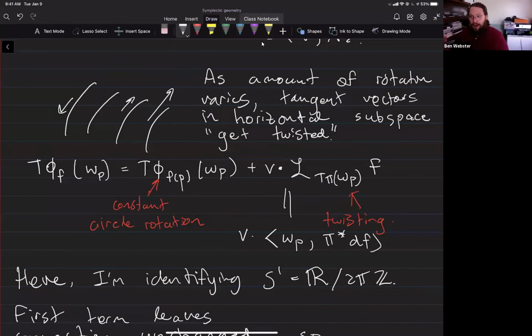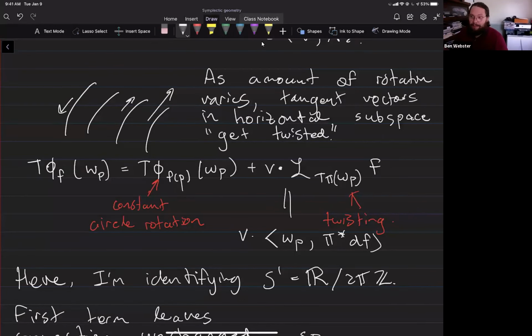If you think it through, it's not so surprising. Everywhere I'm identifying S1 with R mod 2 pi Z. So I can think of F, my gauge transformation, as an R mod 2 pi Z valued function, and I can take its derivative, and that actually is well defined.